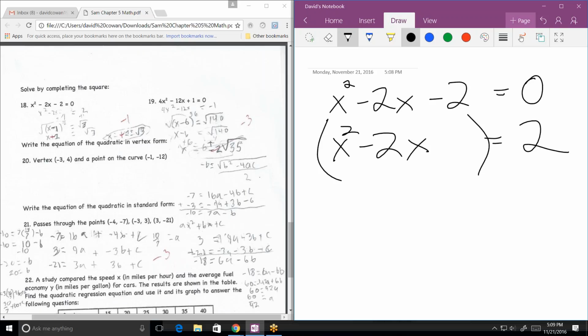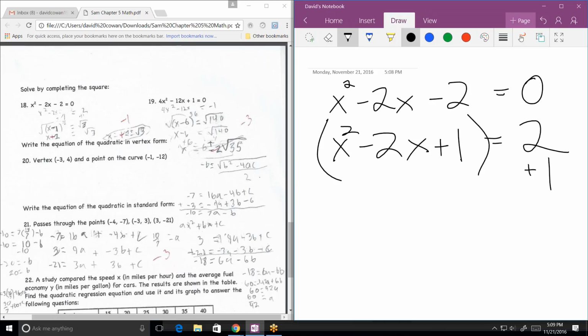Take half of this. Well, yeah, you take half of it, then you square it, which gives you 1. And you add that to both sides. Plus 1, yes. And now to balance it, I've got to add plus 1 to the other side of the equation. If I was balancing it on the same side, I would subtract 1.